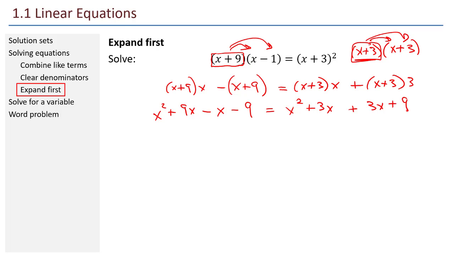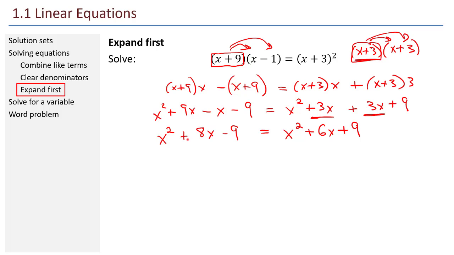Let's combine like terms. So on the left, I see a 9x and a minus x squared. So that becomes plus 8x. And on the right side, I have a plus 3x and a plus 3x, so x squared plus 6x plus 9.